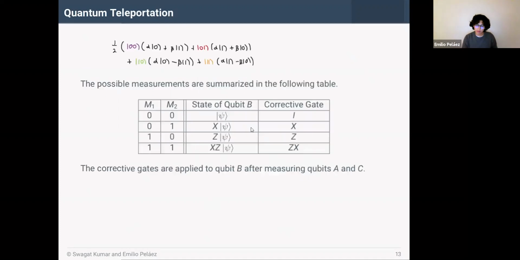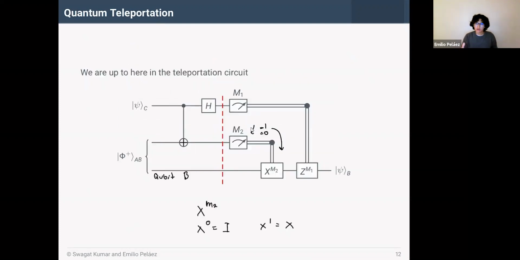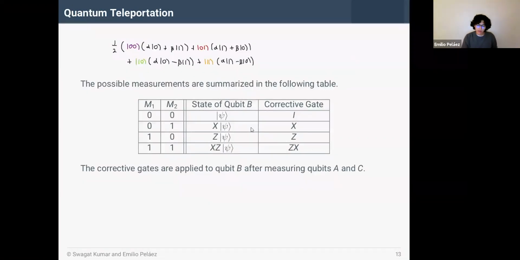And qubit C corresponds to M1 and qubit A to M2. So if we have M1 and M2 both 0, which means that qubit 1 and qubit 2 are 0, we just have the purple one. So it's this one because that's the state we measure in the first two qubits.